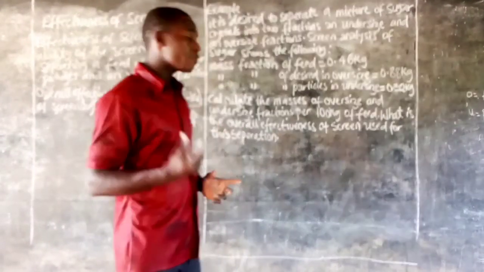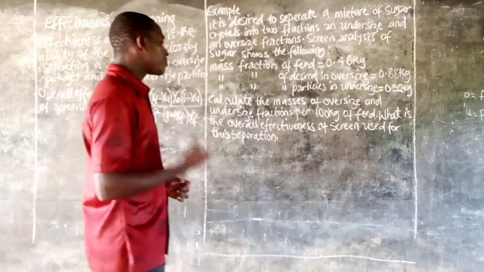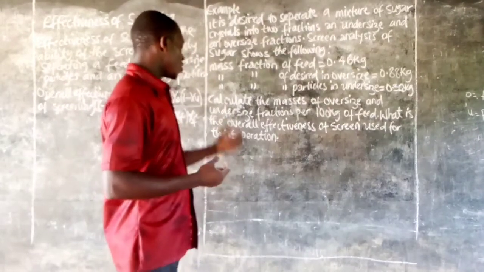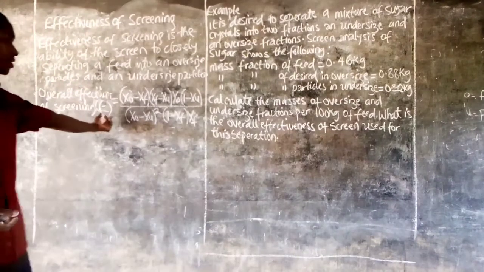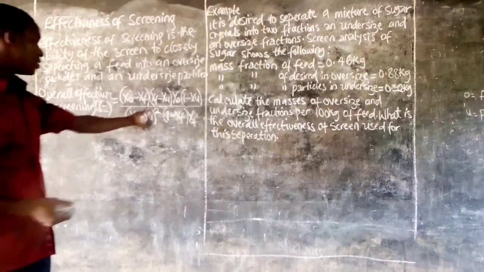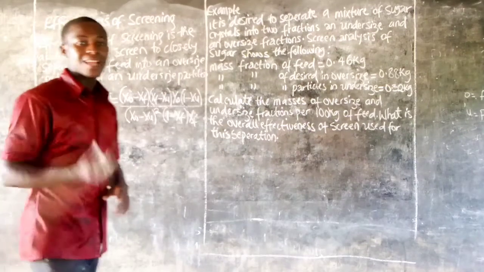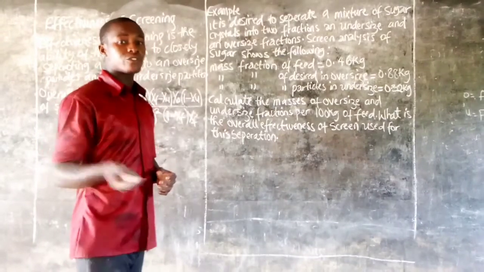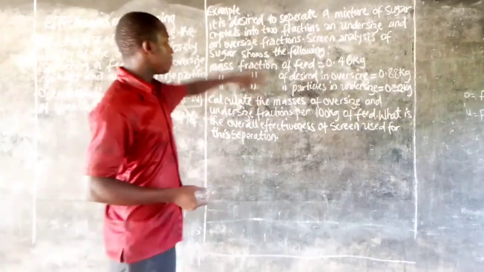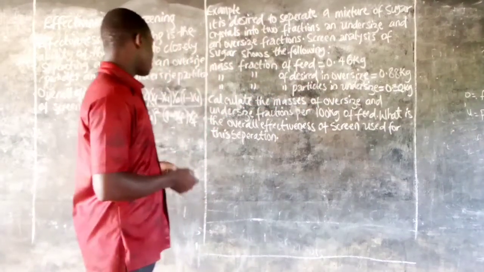And then the second question says, what is the overall effectiveness of the screen used for this separation? That is, what is the overall effectiveness of screening, E, and to calculate this we use this formula. In our last edition on screening effectiveness in material balances, we brought out the formulas for undersize and for oversize.